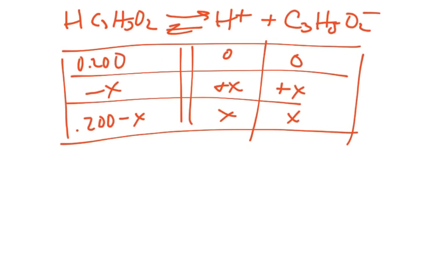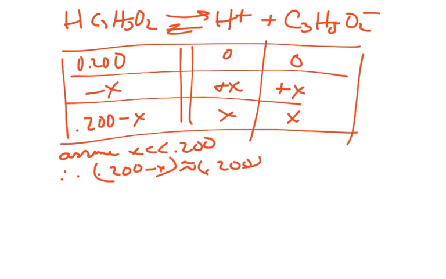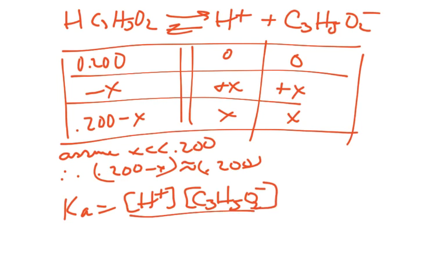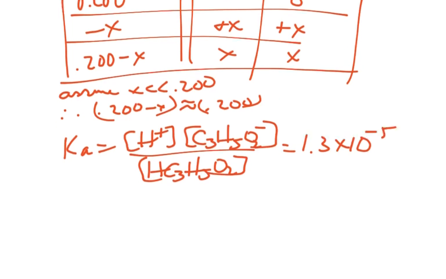Now we know that the Ka for this is on the order of 10 to the minus 5, so we can assume that x is much smaller than 0.200, therefore 0.200 minus x is approximately the same as 0.200, and now substituting that back into our Ka expression, which equals 1.3 times 10 to the negative 5, which was given to us at the start of the problem.